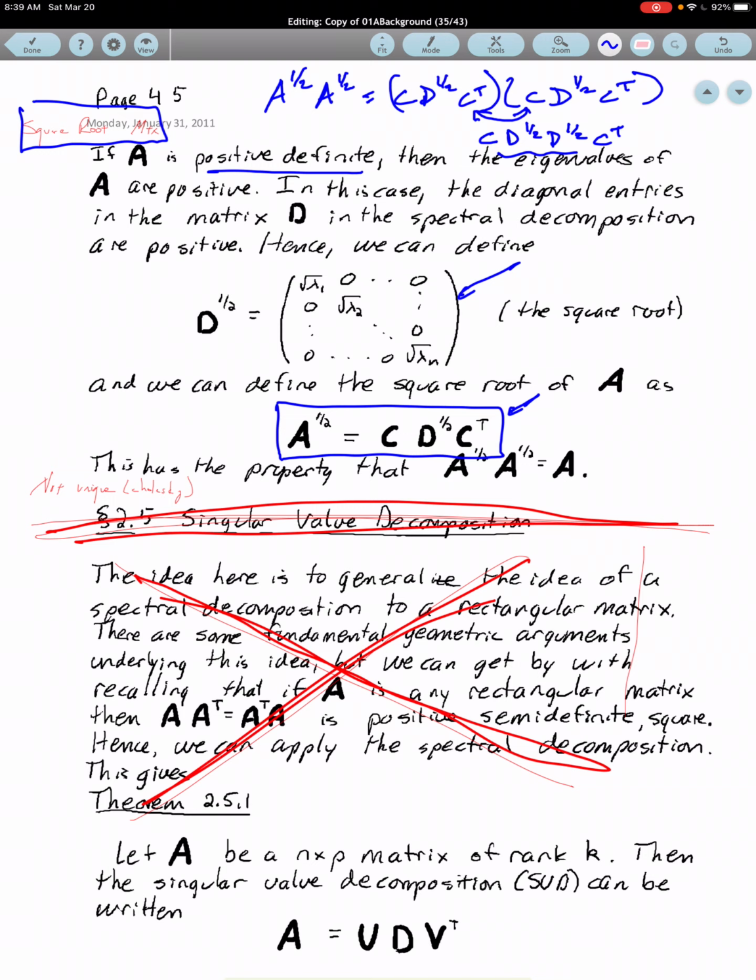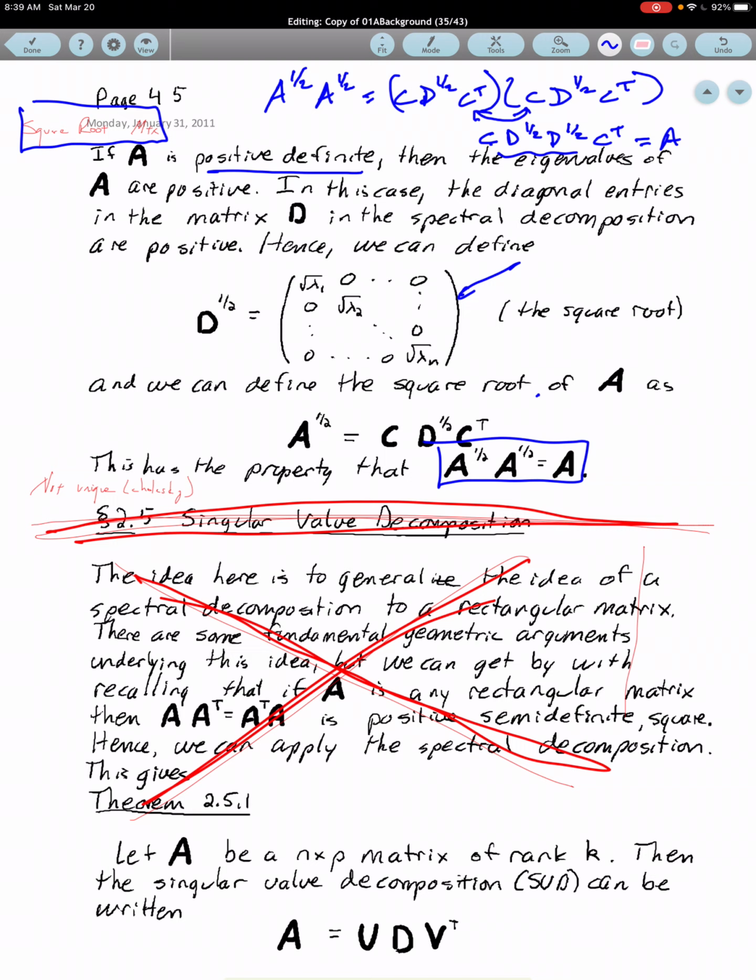These D to the 1/2s combine to give me D, and then I have C D C transpose, which is equal to A. So this is one way of finding a square root matrix, a matrix which times itself gives you A.